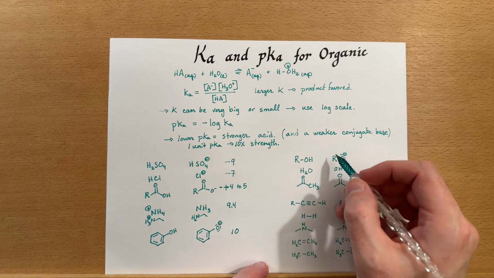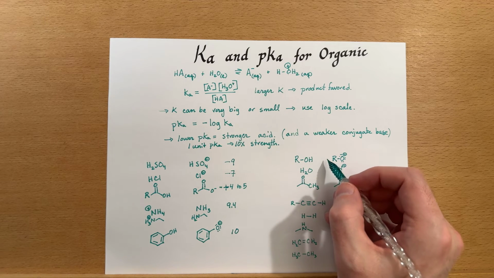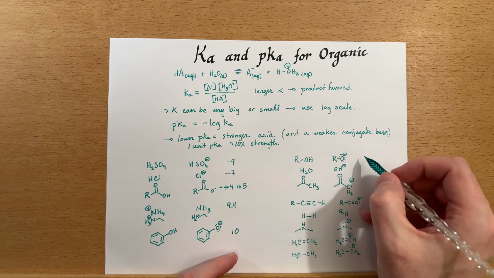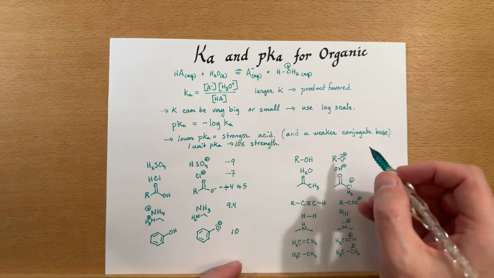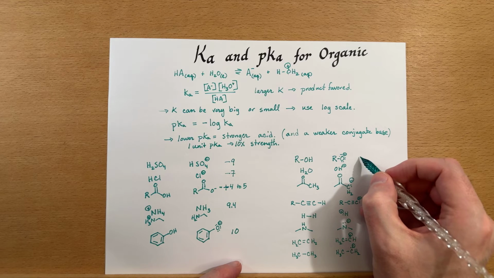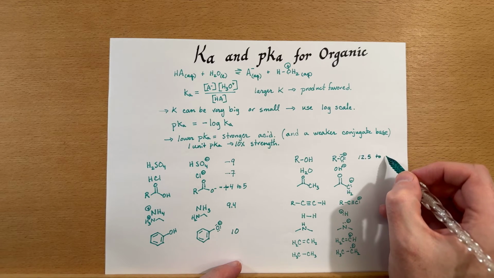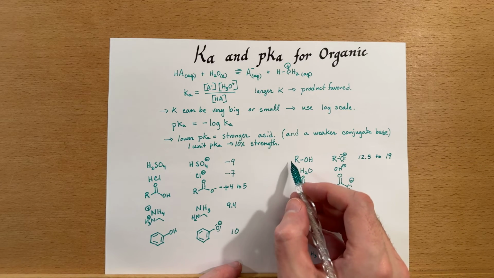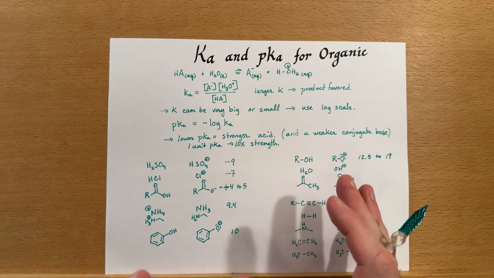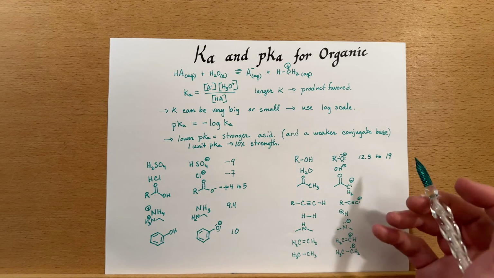We have alcohols. So this proton here on an alcohol can come off, but depending on the substitution on the alcohol, we can have somewhere around 12.5 all the way up to about 19, depending on what is on this R group. So there's a little bit of variability there, but it's somewhere in that range.